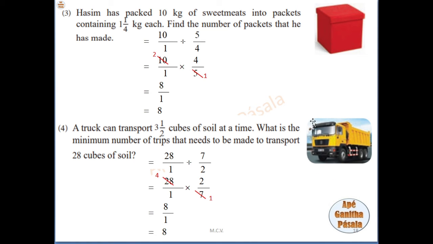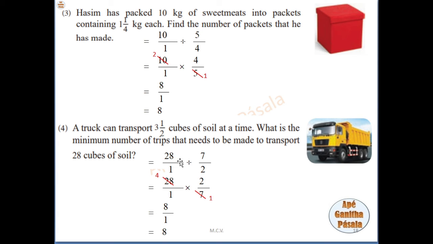At one time, a truck can transport only 3.5 cubes, but we need to transport 28 cubes. Within one time, 3.5 can be transported. Then to transport 28 cubes, we have to count the number of trips. So you have to divide 28 by 3.5.